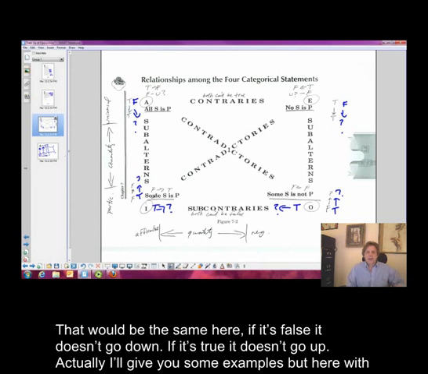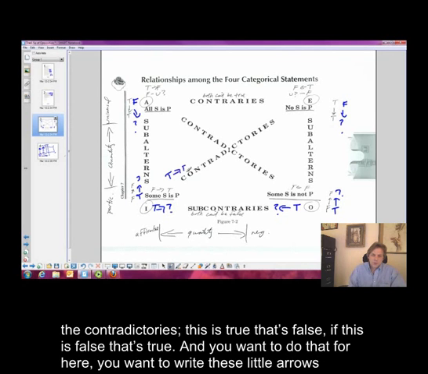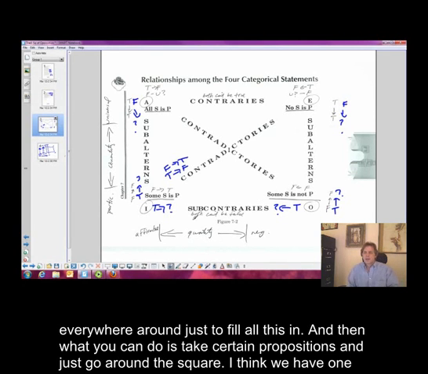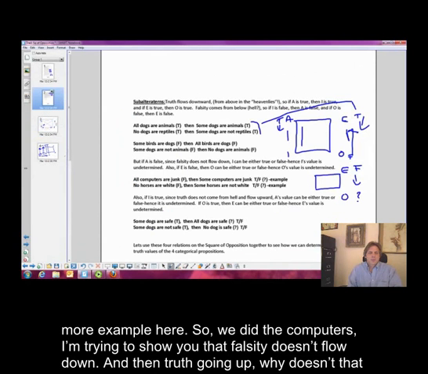And then actually I'll give you some examples, but here with the contradictories, if this is true, that's false. If this is false, that's true, and you want to do that for here. You want to write these little arrows everywhere around, okay? Just to fill all this in, and then what you can do is take certain propositions and just go around the square, okay? I think we have one more example here.